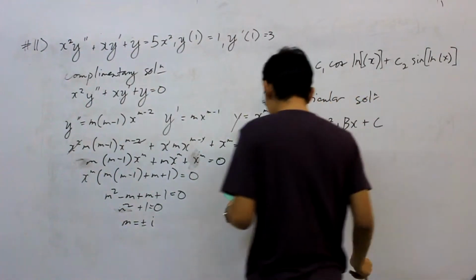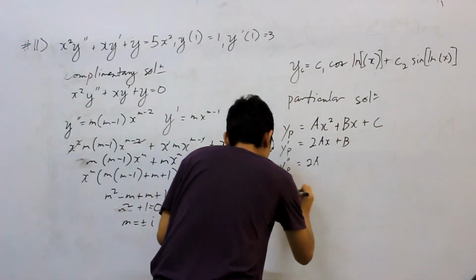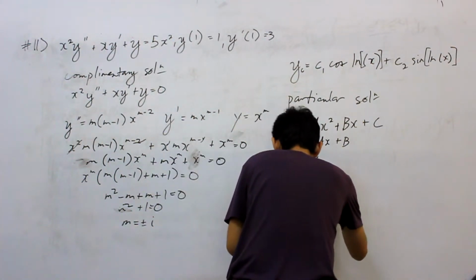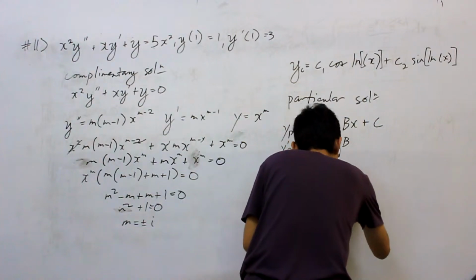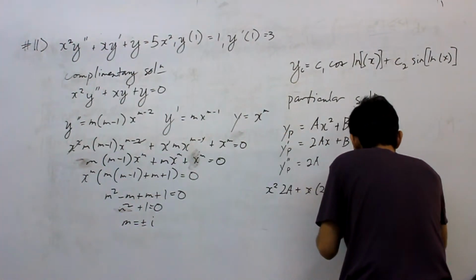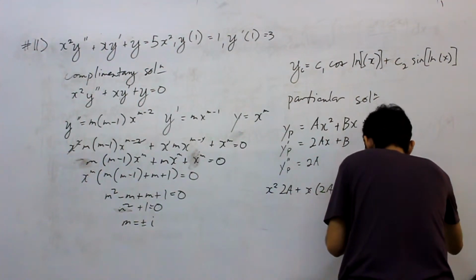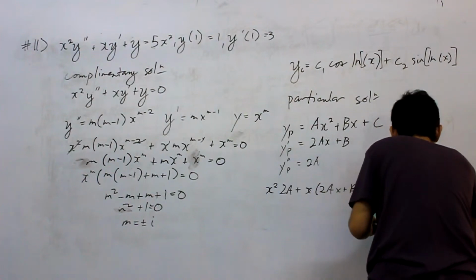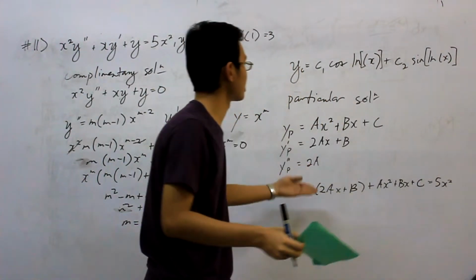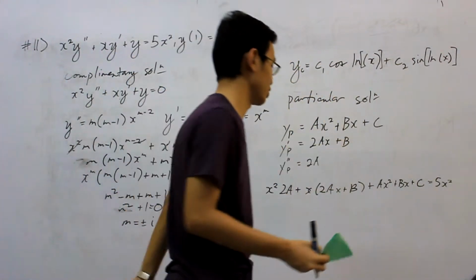So using this, we can solve for the particular solution. We start with x squared times 2a plus x times (2ax plus b) plus ax squared plus bx plus c is equal to 5x squared. As you can see, I just substituted these values into this entire equation.